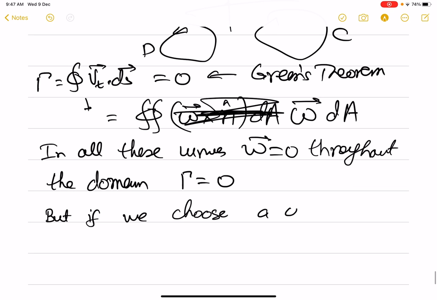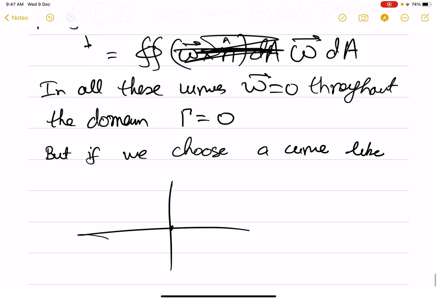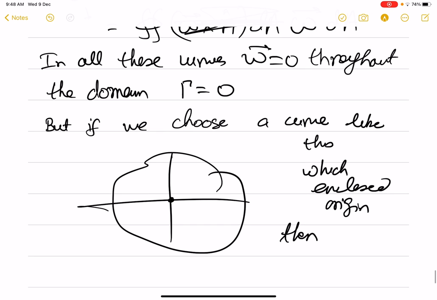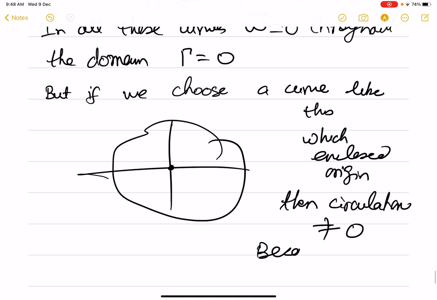But if we choose a closed curve like this, which encloses the origin, then circulation around this curve is not equal to 0, because omega is not 0 at the origin. In fact, it is tending to infinity.